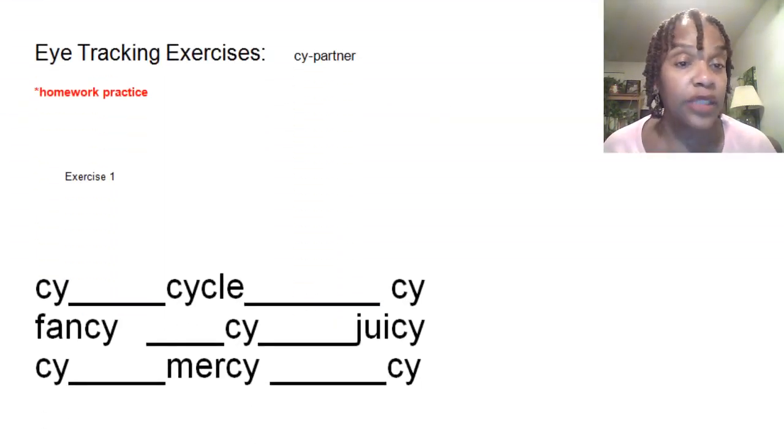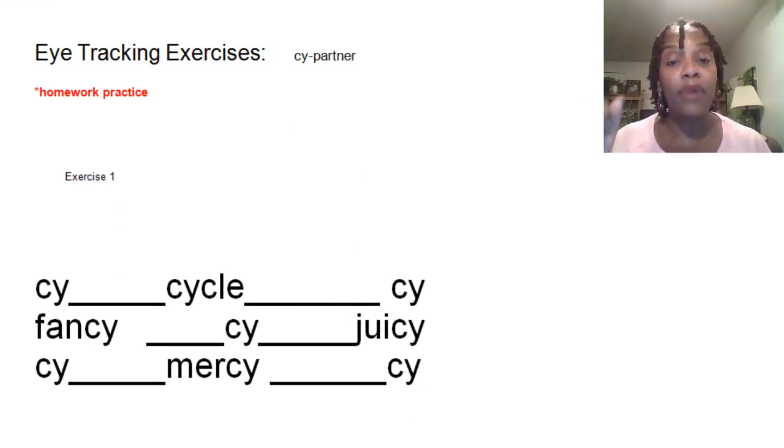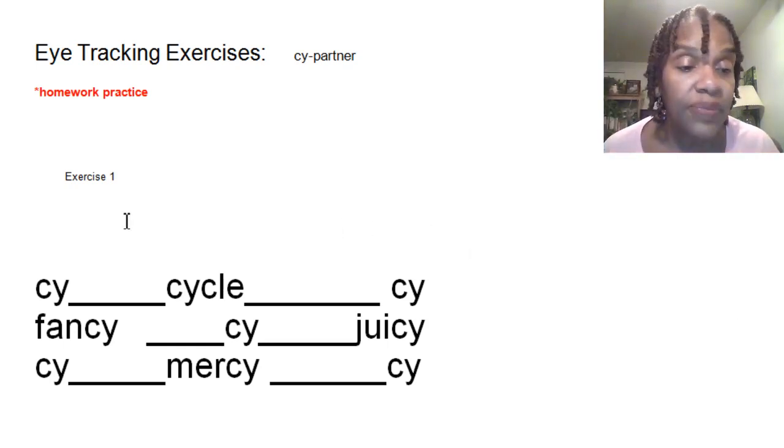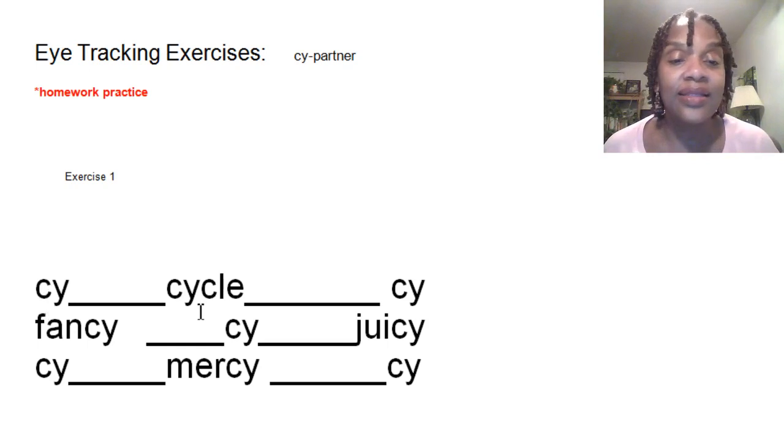So this is your eye tracking exercise homework, where you're going to sound out the signal vowel CY partner, and you're going to sound out the words that have it. All right. So let's do it together. This first one, right? Sickle, fancy, juicy, mercy.